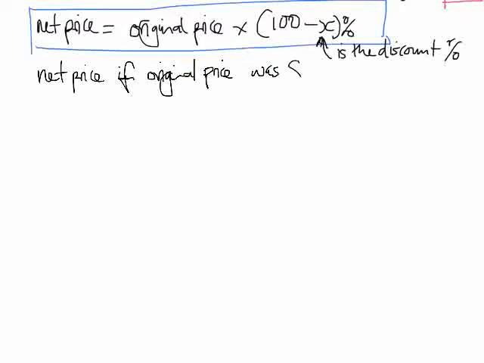Let's change it from the question. Let's make it $90. The original price was $90, and a discount of 16% was given.